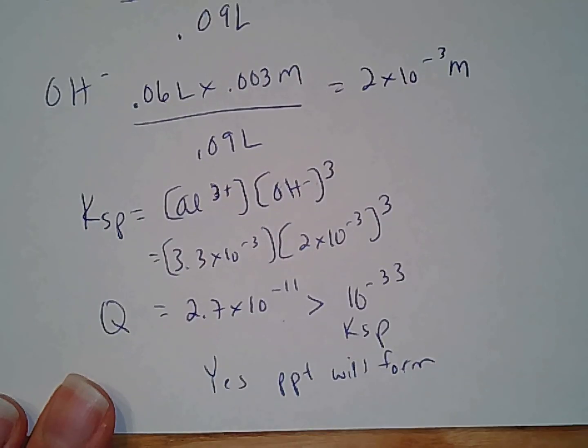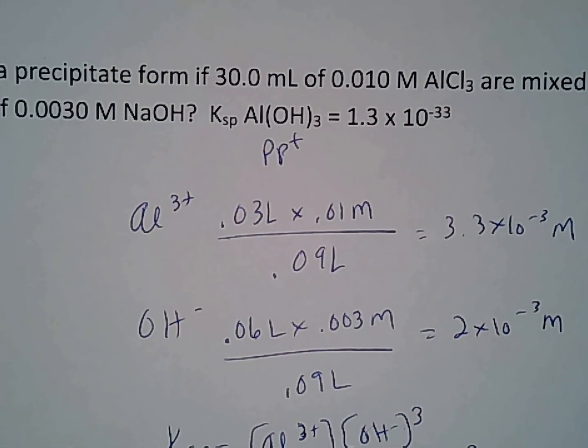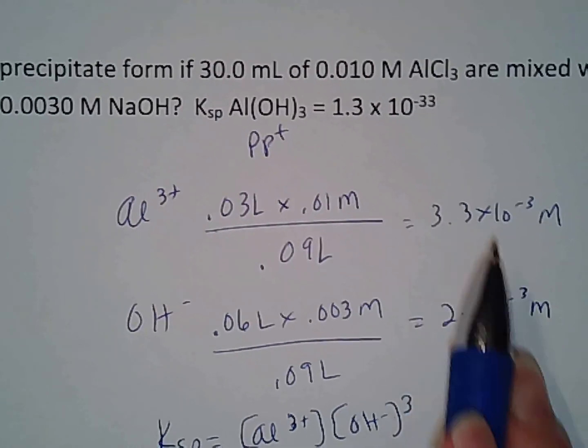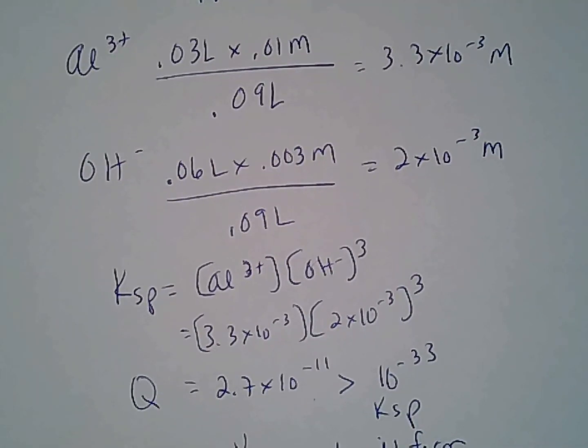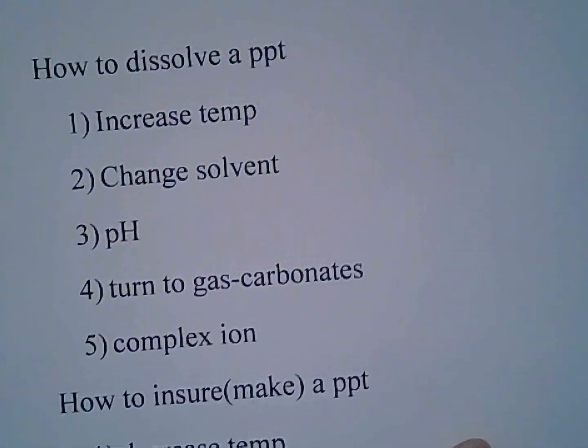And that's pretty standard for most of these types of problems. You have to find the concentration of both of those ions, plug it in, and see if it's bigger or less than the KSP.